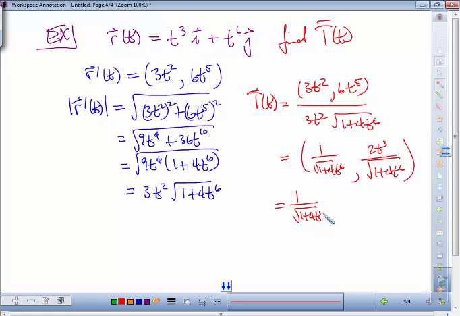I'm just writing different forms. These are all the exact same answer, although this last one is easier to write. So this is our unit tangent vector.